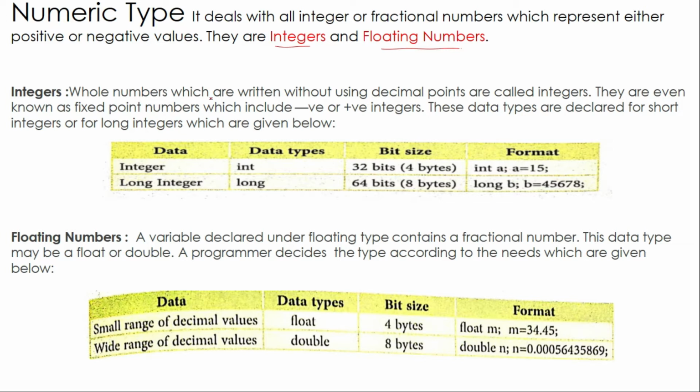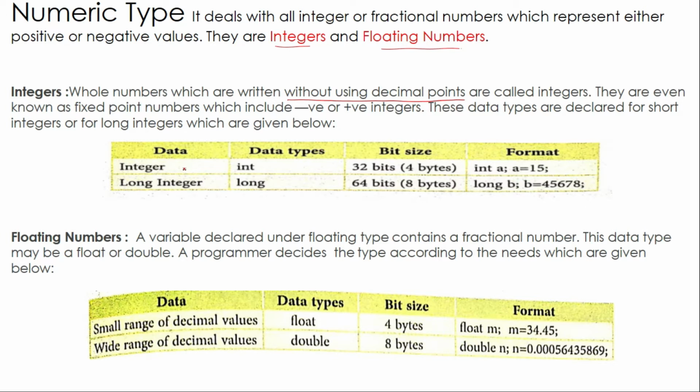Integers: whole numbers which are written without using a decimal point are called integers. They are even known as fixed point numbers, which include negative or positive integers. These data types are declared for short integer or for long integer, which are given below.